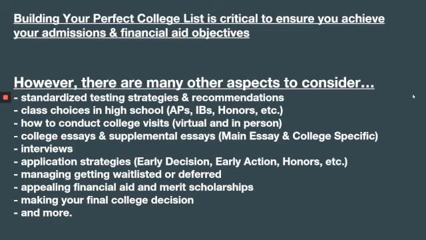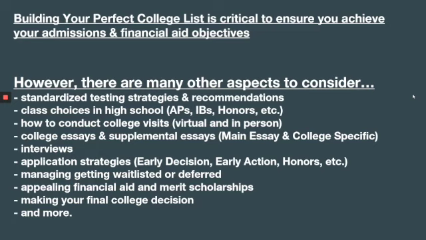So again, the college list drives everything. You follow the modules, you should be in very good shape. But there are standardized testing strategies and recommendations. There are class choices that your child needs to make while they're in high school. There's the way to do a virtual and in-person visit the right way, with more detail on the horizontal versus vertical visit that we talked about.